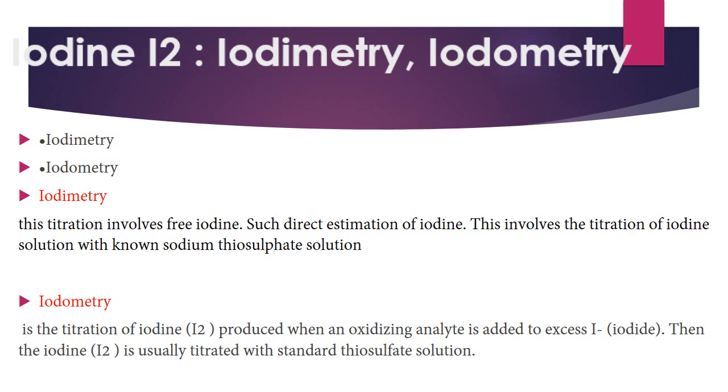So, what is the difference between iodimetry and iodometry? Iodimetry means that the titration involves free iodine, which means direct estimation, or direct determination of iodine, using a titrant that is sodium thiosulfate solution.